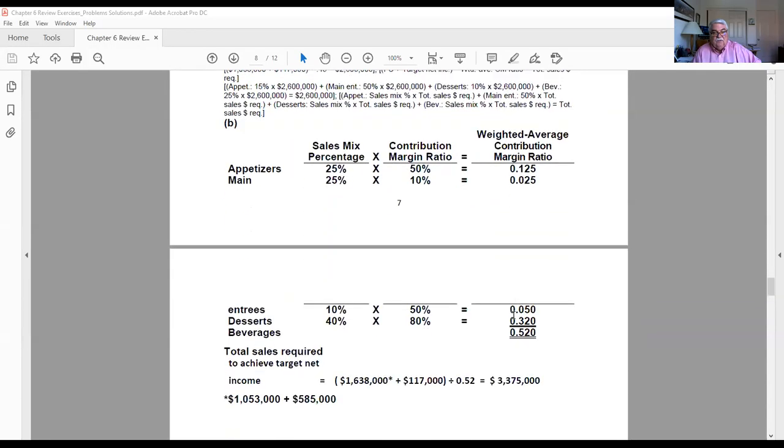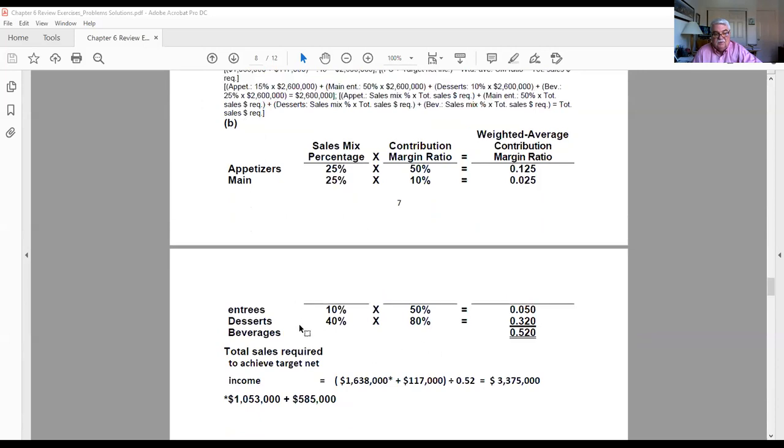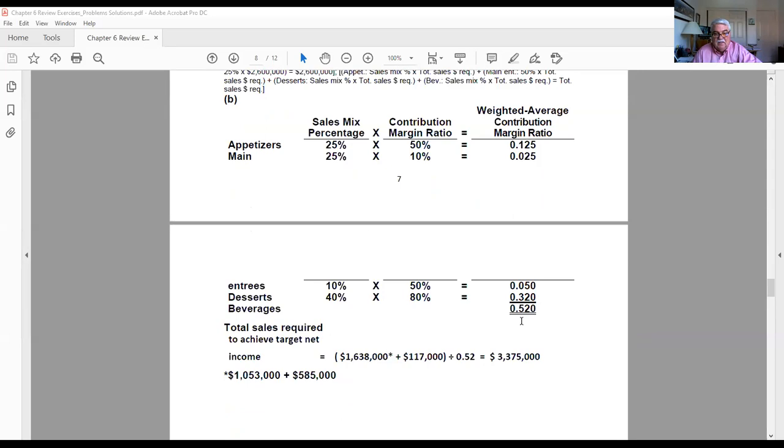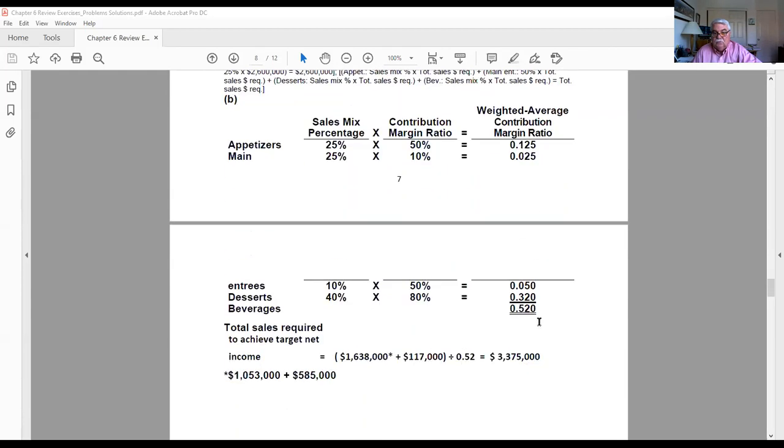Now notice we're changing the weighted average contribution margin ratio. We're going to be changing that because of the change in his philosophy of managing his restaurant. Appetizers is now 25% of the sales mix. There's the weighted. The main entrees, 10%. The desserts and beverages, and I think my computer here got this a little mixed up, but now the weighted average margin has gone from 0.45 to 0.52. We've increased that by selling more, hopefully.